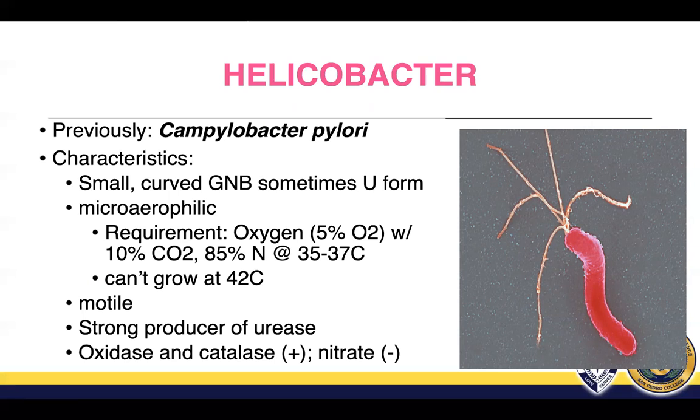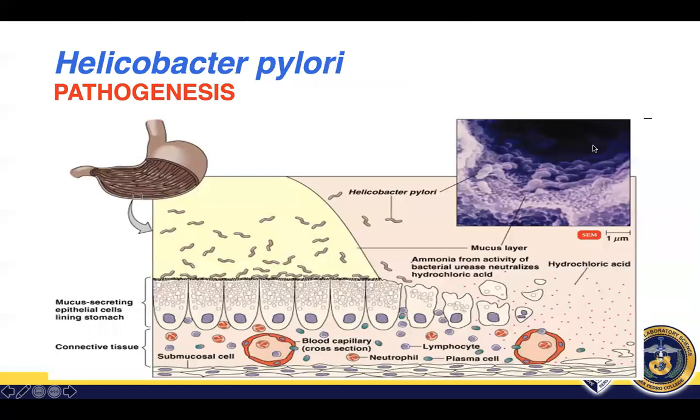It's motile by virtue of a tuft of flagella at the end, so it is lophotrichous. It's a very strong producer of urease. It's oxidase and catalase positive, but it cannot reduce nitrate to nitrite.